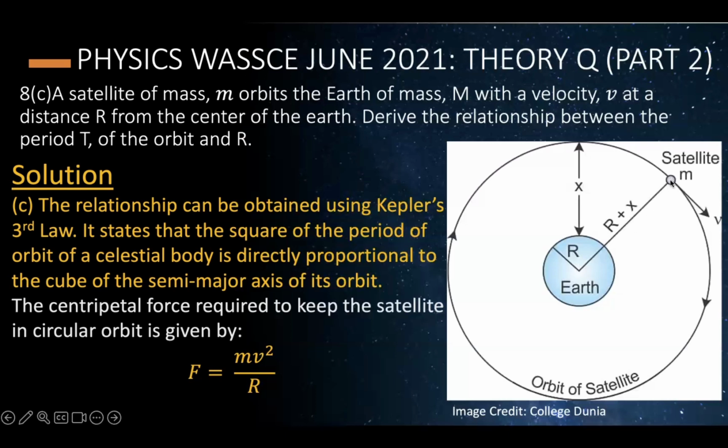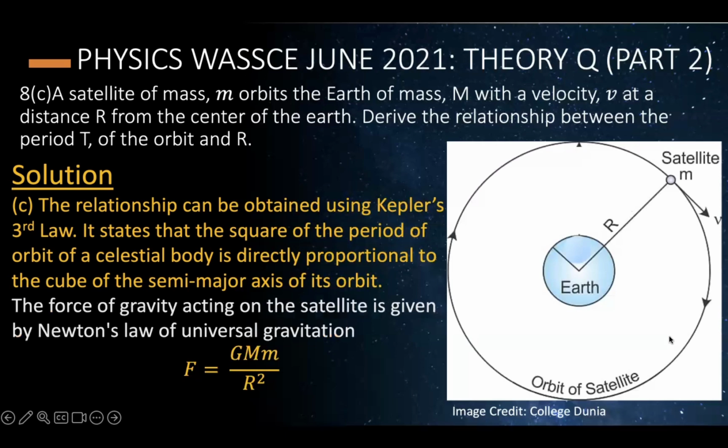Okay, now this satellite is orbiting the Earth. It has a mass m and is orbiting the Earth at a velocity. Now this velocity has different aspects of it, which we are not going to get into, but you notice that it is curving round, making that circular motion.